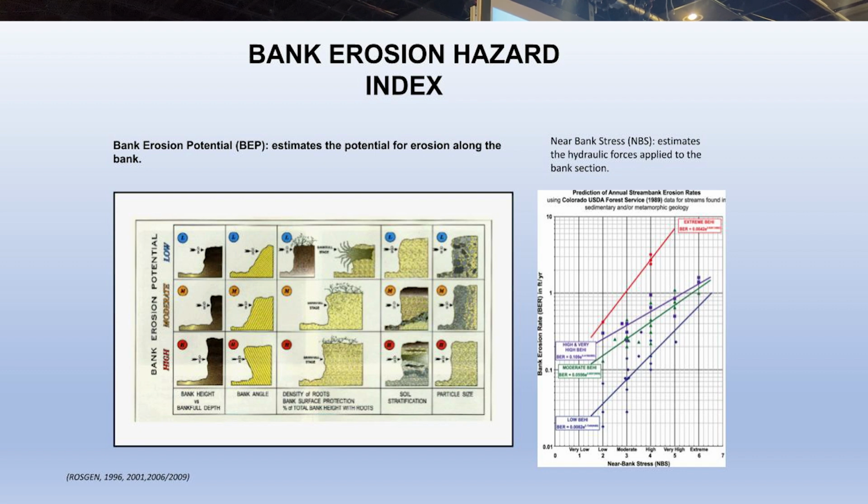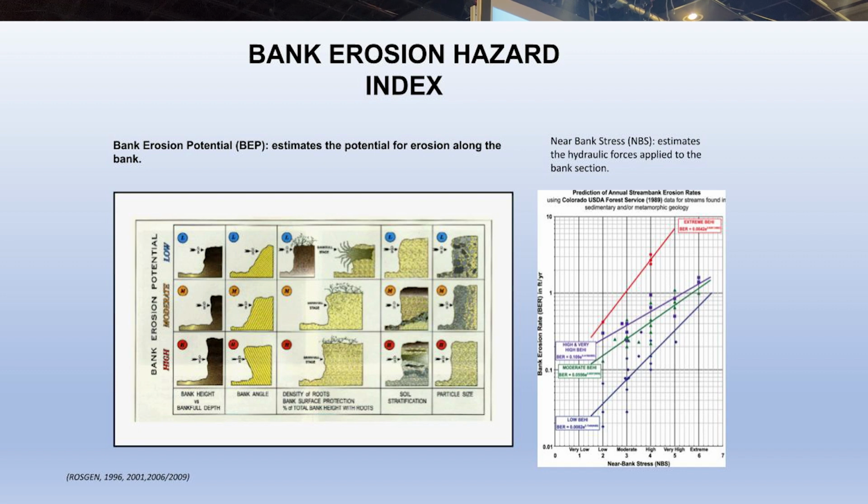And the Banks model provides these curves. And you can look at bank recession rate based upon your bank erodibility hazard index. You break those up, use those different curves, look at the near bank stress categories, and you can roughly quantify your bank recession rate in feet per year.